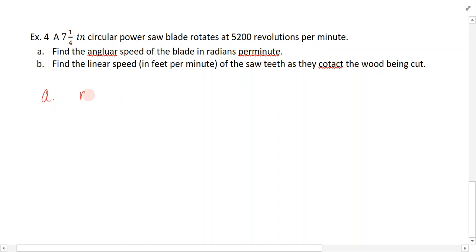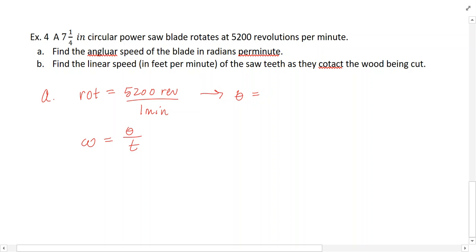Well, I know that this blade is going to rotate at 5,200 revolutions per minute. In order to determine omega, I've got to know what theta is with respect to time. Theta has to be in radians.